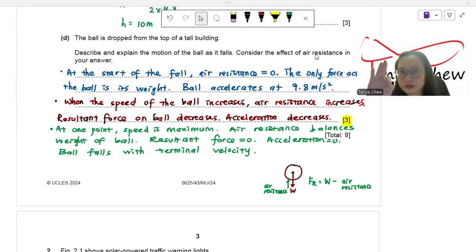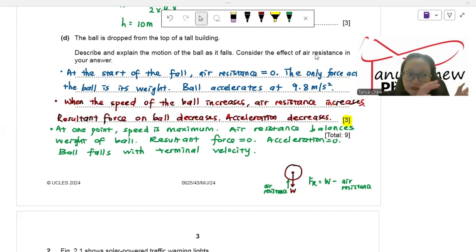And the third stage comes to one point. So the speed of the ball will increase to one point where the speed reaches its maximum value. So what happens next is that because the speed is maximum, air resistance will have to increase to its maximum value. The maximum value of the air resistance is equal to the weight of the ball. It cannot increase further than the weight of the ball. So when the air resistance balances the weight of the ball, the resultant force is equal to 0.